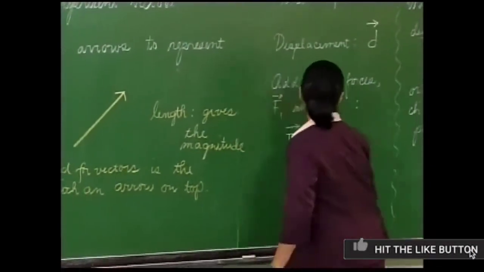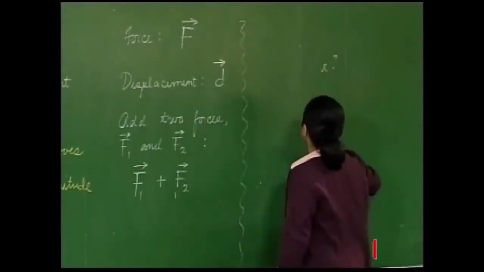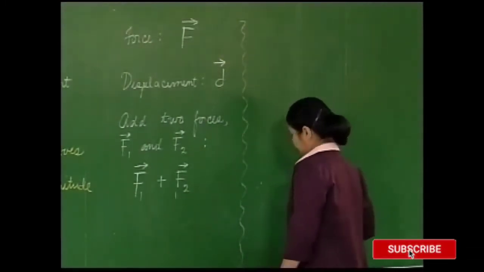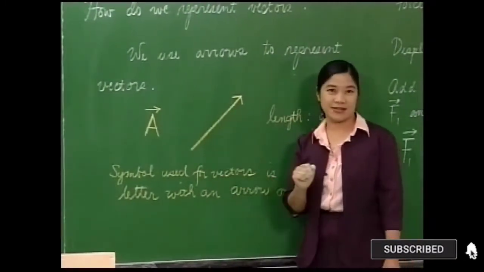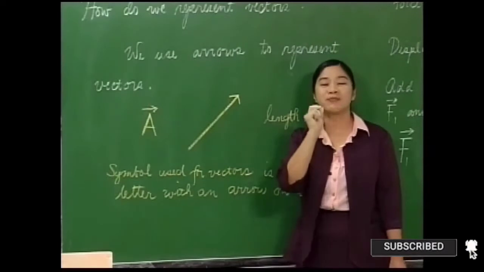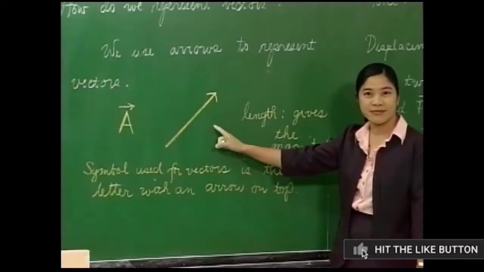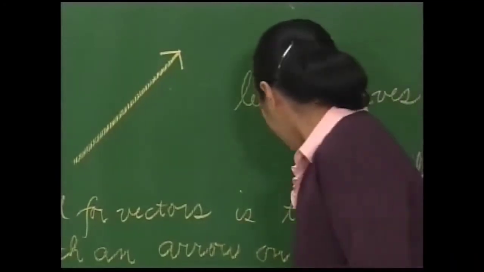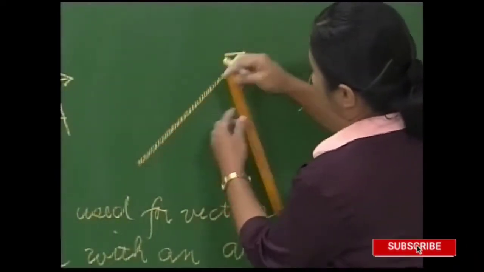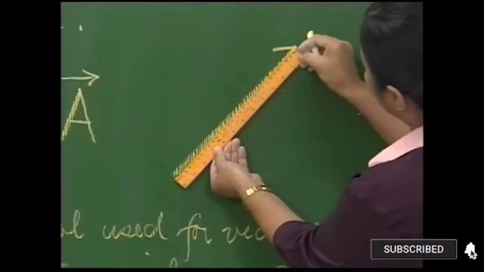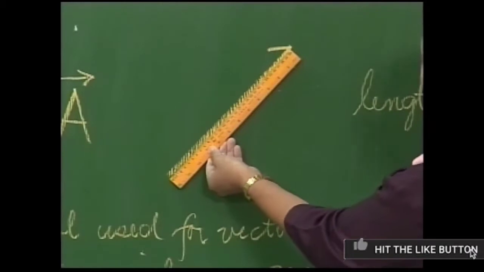Now, but before we look at the combination of vectors, if I have a vector like this, we would like to be more specific about the direction. Now, for example, if I take this vector, it has length 30 centimeters.